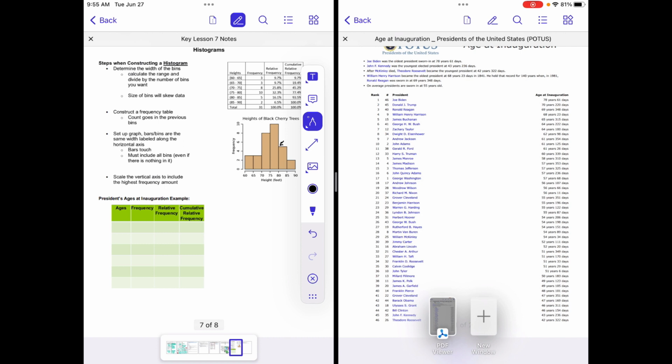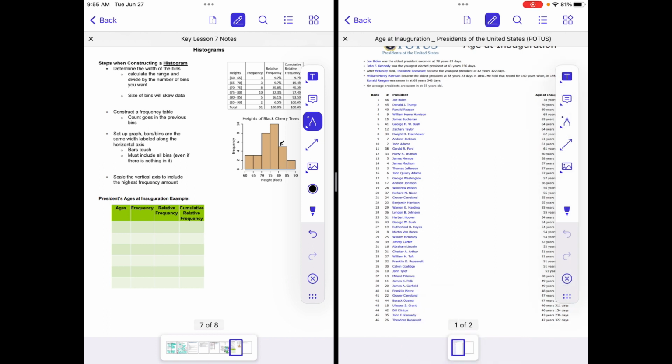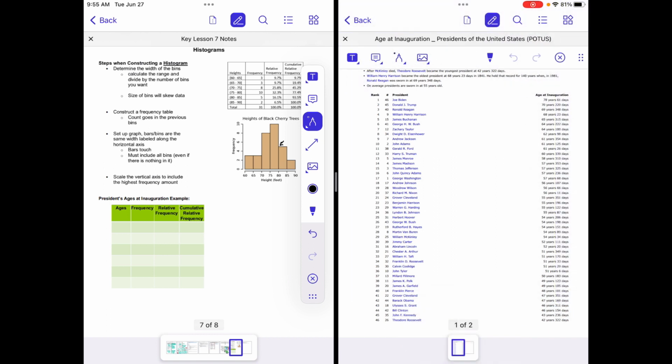A good thing to do before you begin one is always look at what is the highest value. In this case, that's 78. And then what is the lowest value? In this case, 42. So I want to go from 42 all the way up to 78.